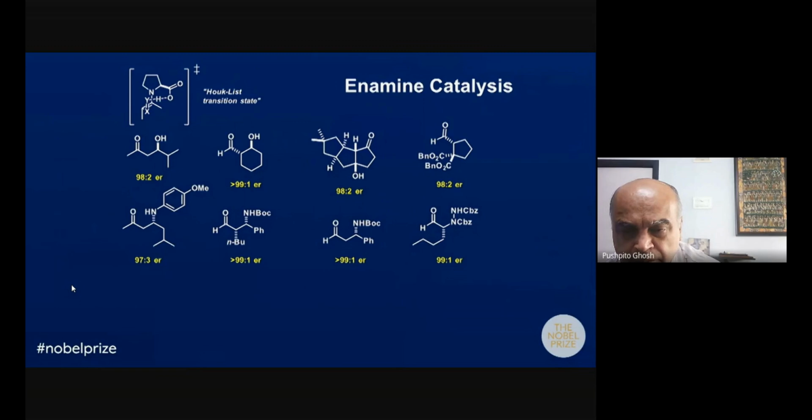For example, our proline-catalyzed aldol reaction, the stereochemistry of this is well explained with the Houk-List transition state, and so is the stereochemistry of these other two intramolecular aldol reactions we discovered, the enolexo aldolization of dialdehydes to give cyclic aldols, and also the first catalytic asymmetric transannular aldolization to give these natural product precursors that we indeed have used in very efficient natural product synthesis.